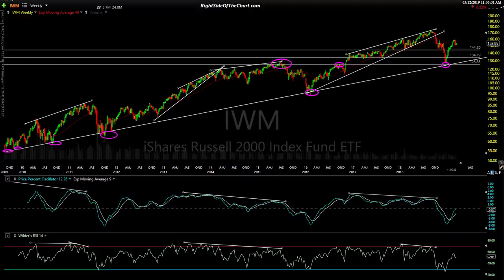Here is the top of that trading range. This was a drop of over 20% in IWM, but this was a multi-year sideways trading range right here in the small cap stocks. And those were the highs back from 2015. You can see the year breaks down here, and late 2016.